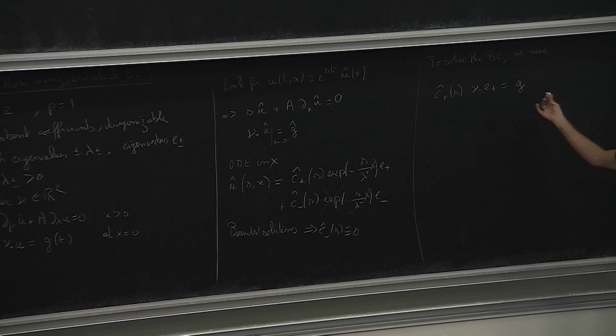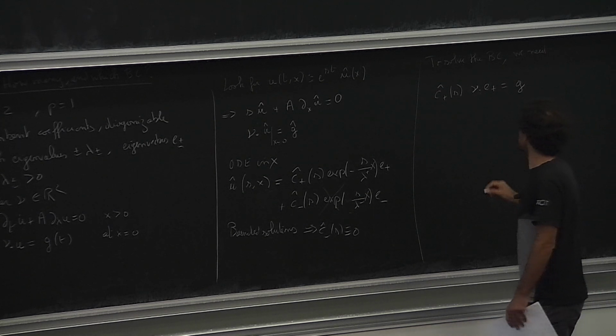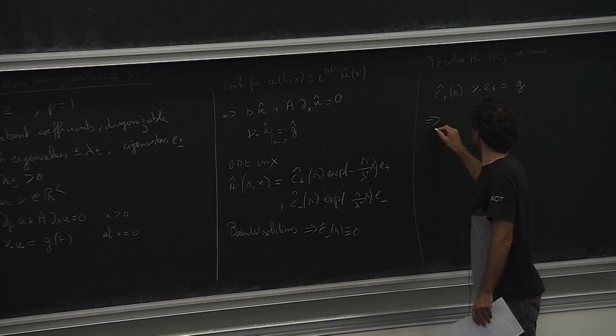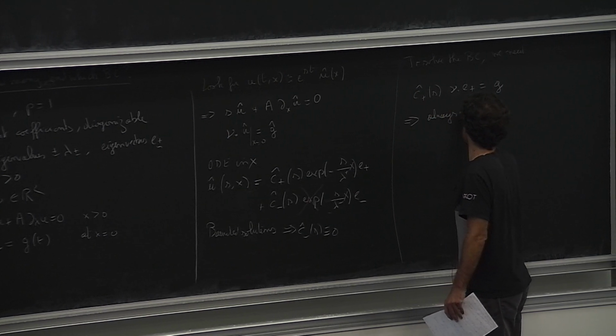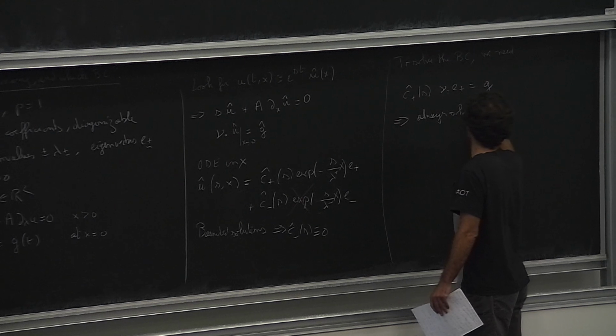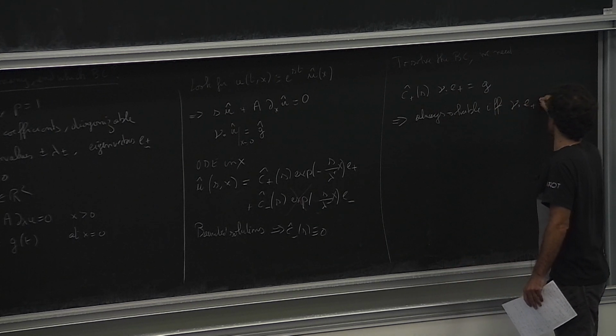And I want this to be solvable for all functions g of time. So this is always solvable if and only if nu dot E plus is different from 0.